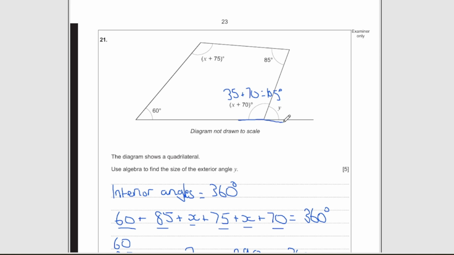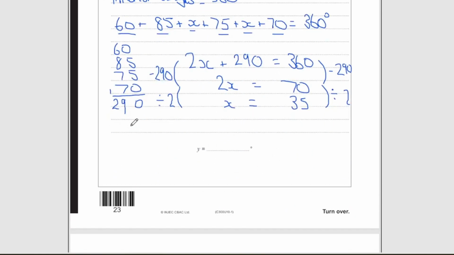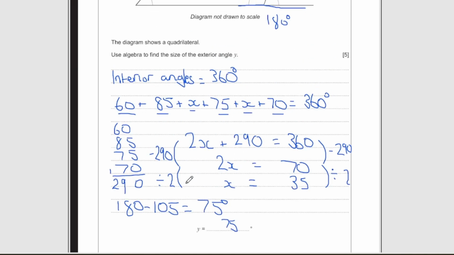Angles on a straight line equal 180 degrees in total. So all we need to do to find the missing angle is 180 minus 105, and what that equals is 75 degrees. So therefore, angle y is 75 degrees.